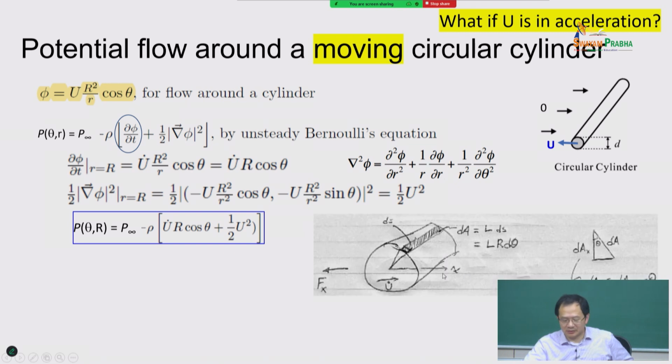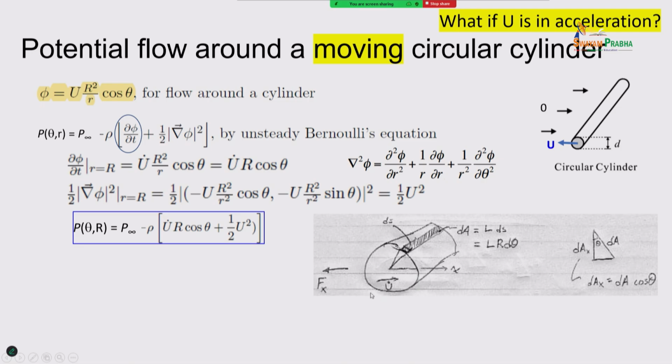Now if we need to calculate the lift and drag force, here it shows a small segment with surface area dA, and ds is a small area, which will be r times r d theta.